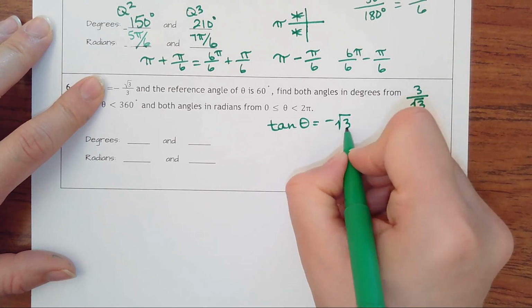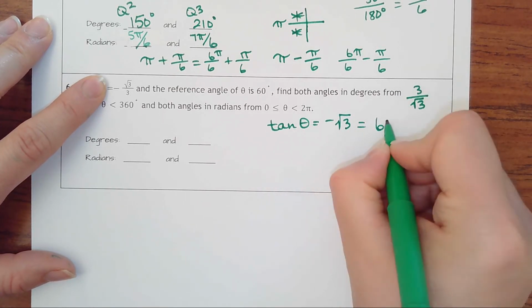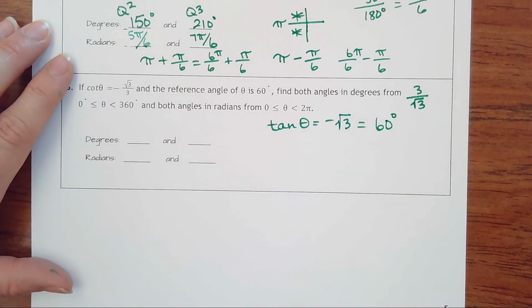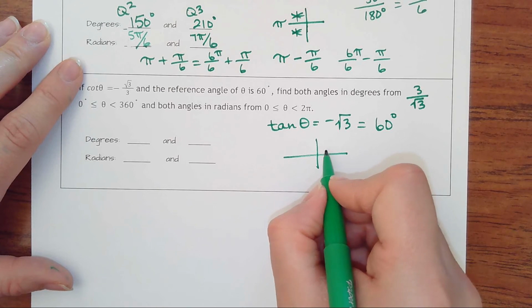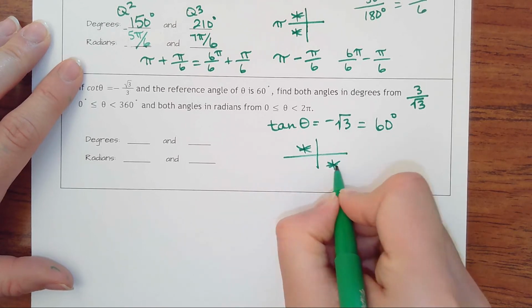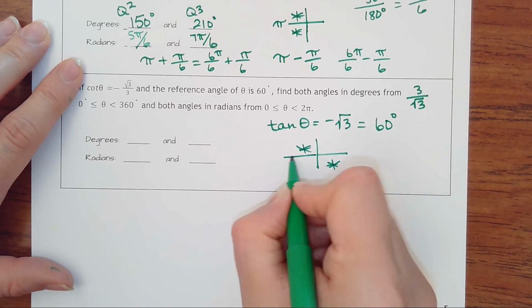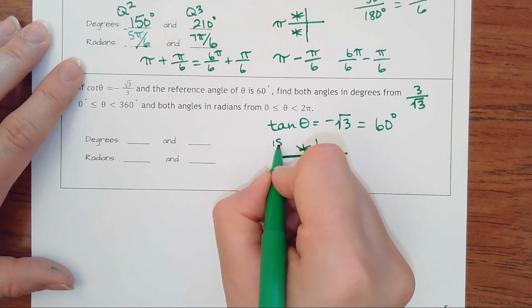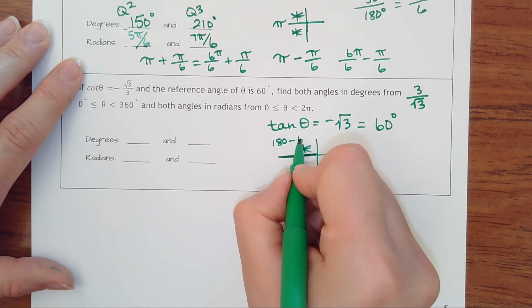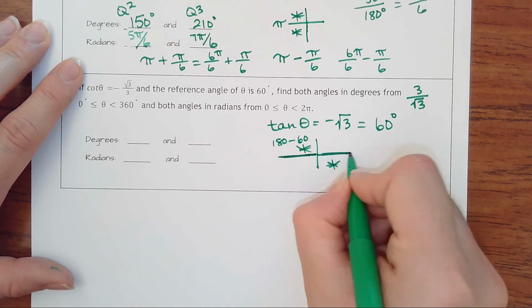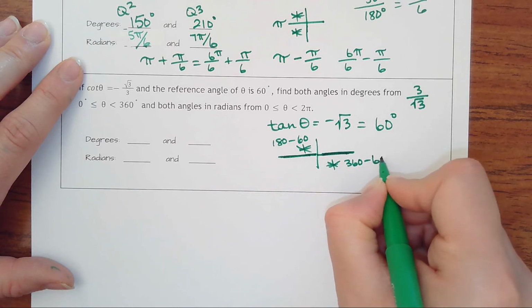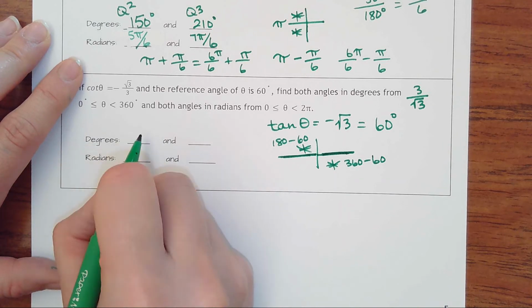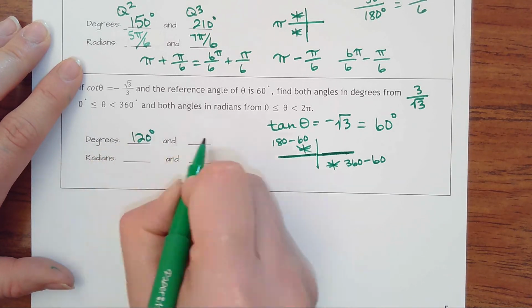And so we do know that that is a 60-degree reference angle. And tangent and cotangent are negative in quadrants 2 and 4. So in quadrant 2, we would do 180 minus 60. In quadrant 4, we do 360 minus 60. So we would get in degrees a 120 and a 300.